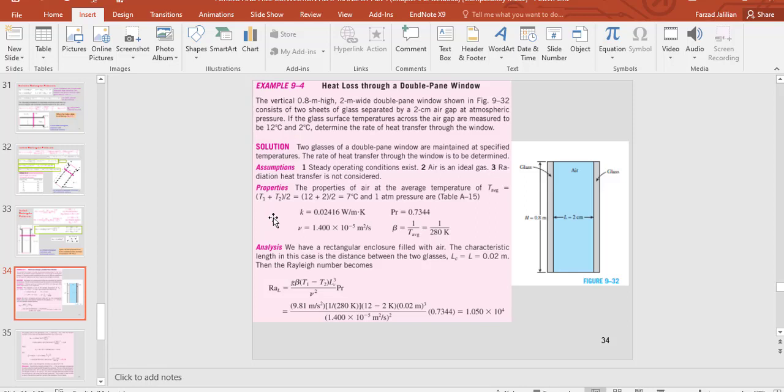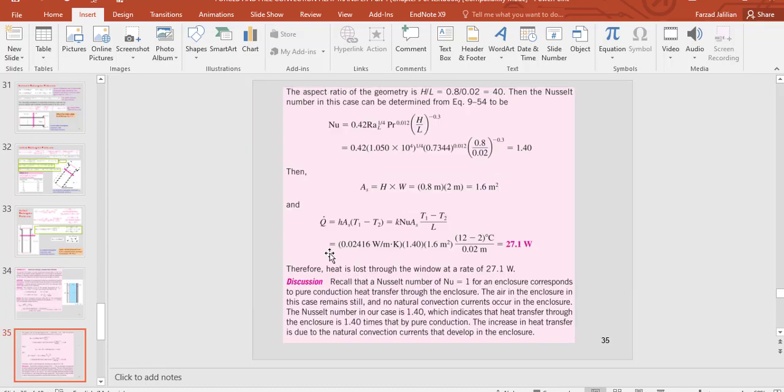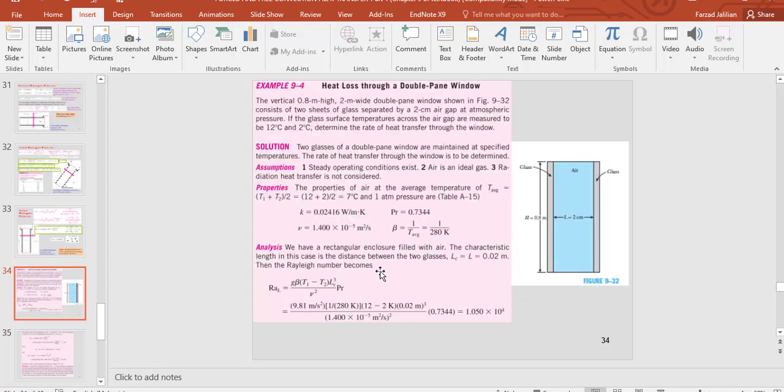Now we have the properties for air, which is our fluid in the enclosure. Then we should find the heat transfer. If you remember, we always use this equation to find the convection heat transfer. First, let's see how much the Rayleigh number is, to see if we have natural convection or not. To calculate the Rayleigh number, we should use this equation.